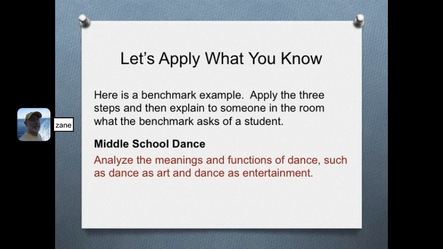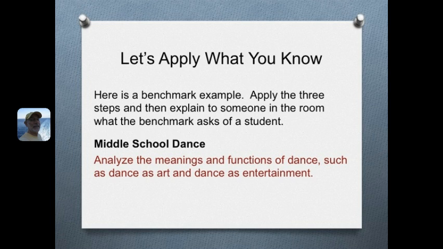Here's a formative assessment for you. Notice the middle school dance benchmark. Analyze the meanings and functions of dance, such as dance as art and dance as entertainment. Apply the three steps. First, identify the verb or action word and circle that. Second, decide what that verb or action word is calling for as far as the learning type.